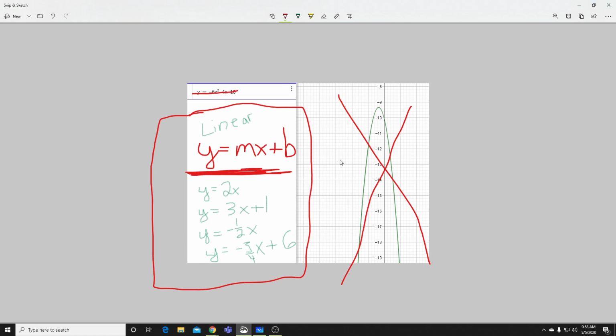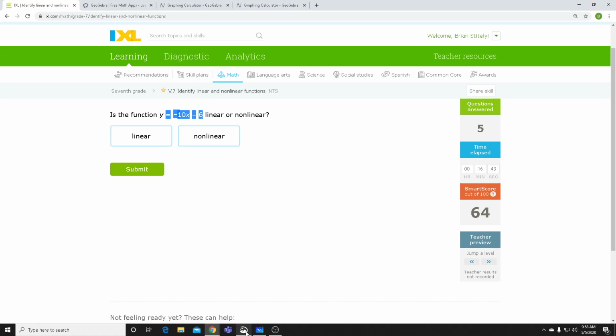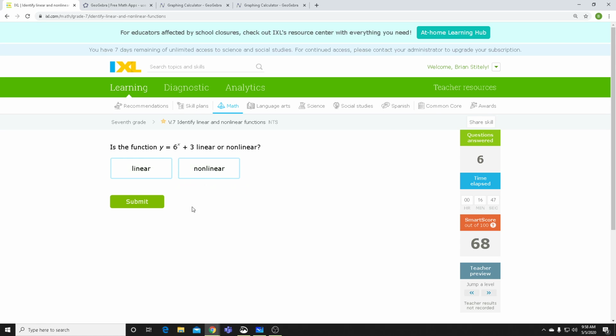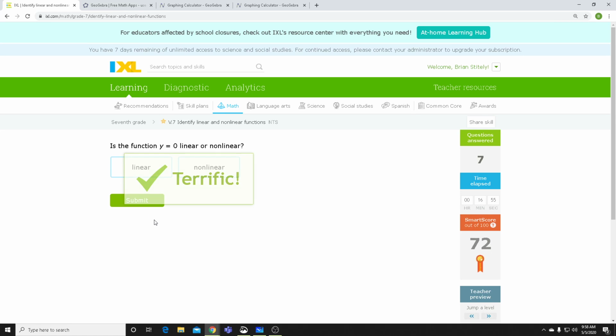Remember, I gave some examples here. Looks just like this one, right? Linear. Okay, so x is in a weird spot, nonlinear. If x is ever in a weird spot, it's nonlinear. For the most part. At least for 7th grade.